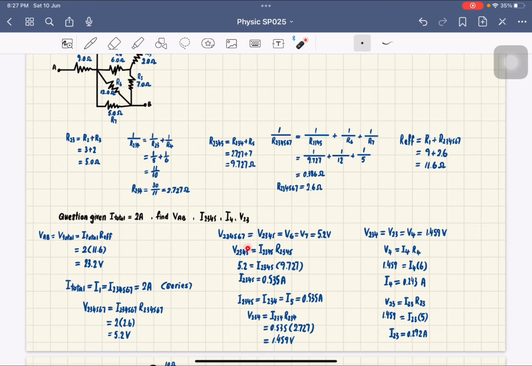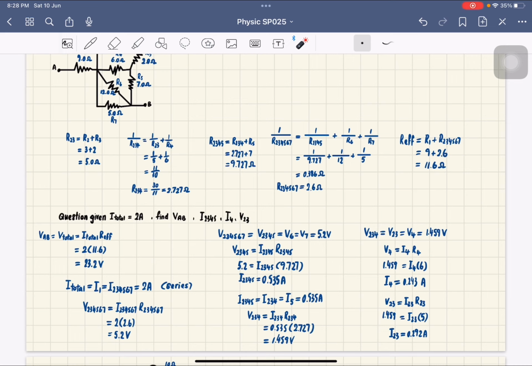So the voltage for V2345 is equal to 5.2. Then by using V equal to IR, we can find the I2345, which is 0.535 ampere.